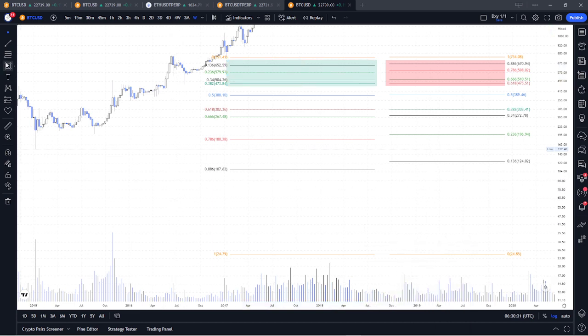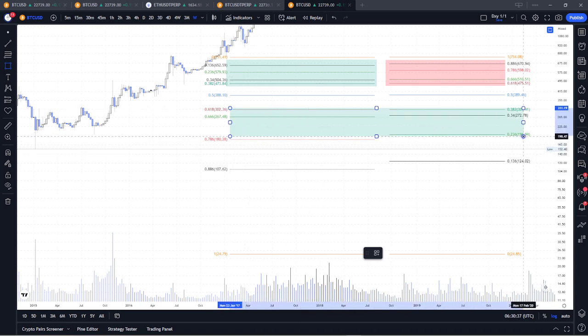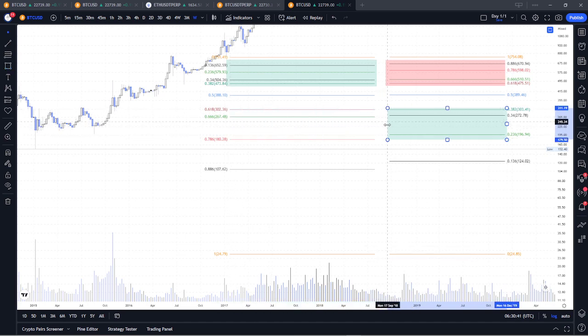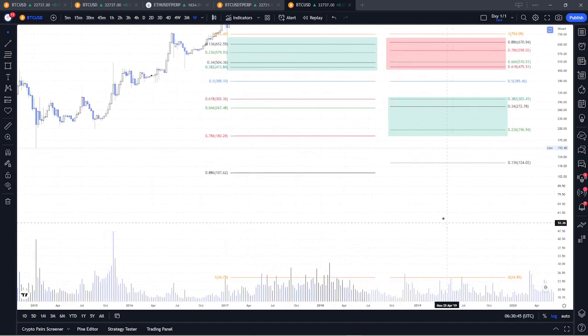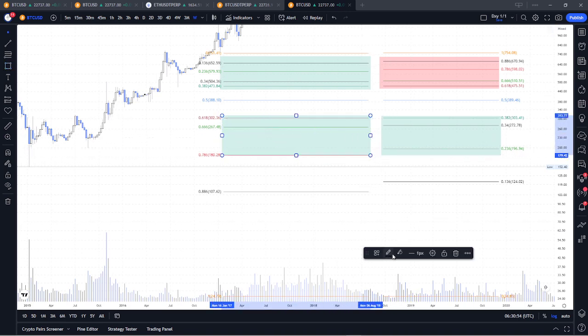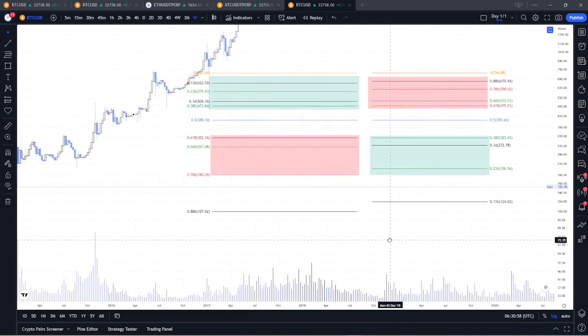And this currently works for both cases. As you can see, even at the bottom of these Fibs, we can have accumulation but also distribution.